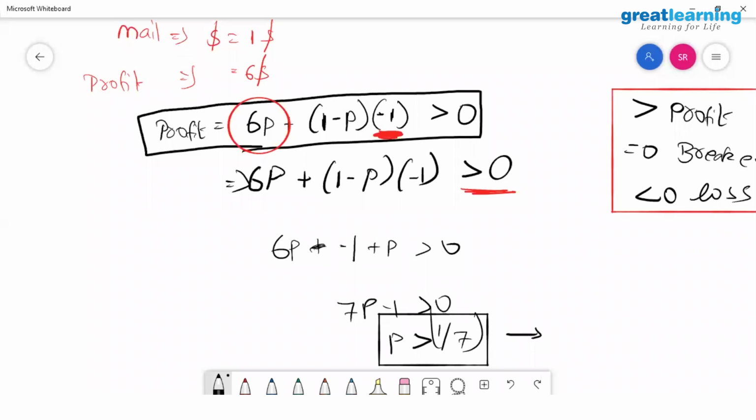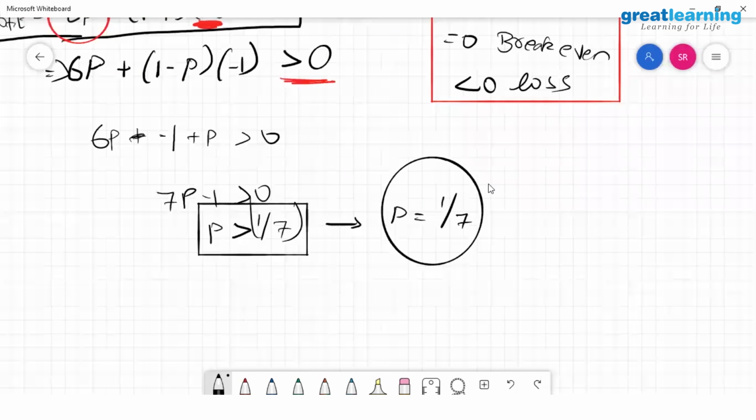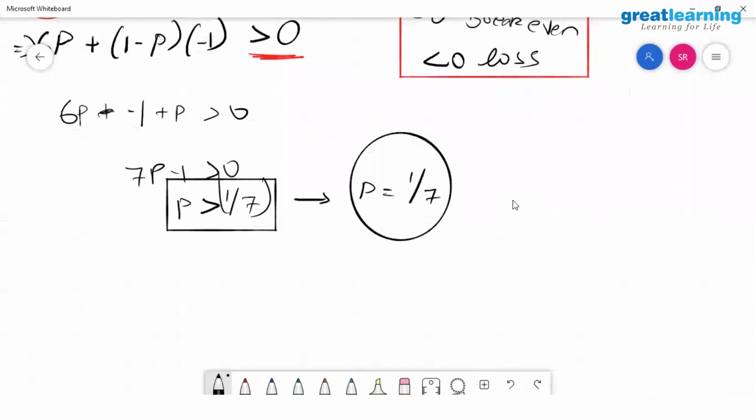So here, if my probability is 1 by 7, what is my right cutoff value? In Python, R or Excel, we have always said that if the probability is greater than 0.5, we mention it as 1, and less than 0.5, we mention it as 0.